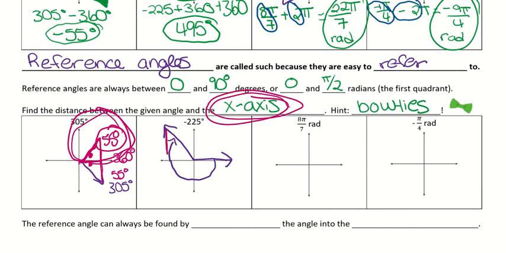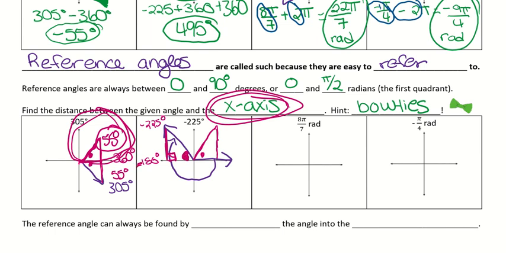So we're going to drop a perpendicular line right here, and we've made a right triangle, and we can reflect that triangle to help us find our reference angle. So we need to know this angle right here. Well, if we know that this is negative 225 degrees, and we know that this is 180 degrees, we can find the angle measure of this right here.